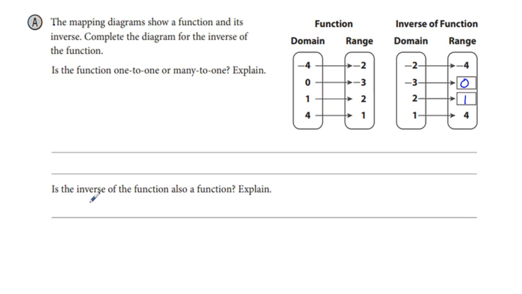Is the inverse of the function also a function? Yes. Why is that?